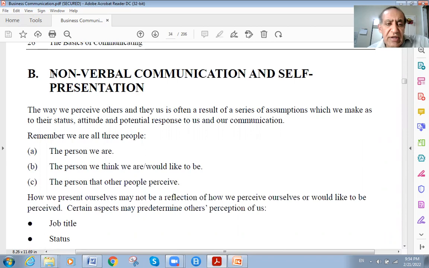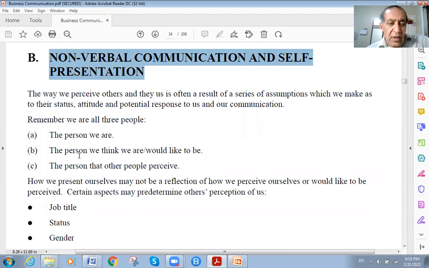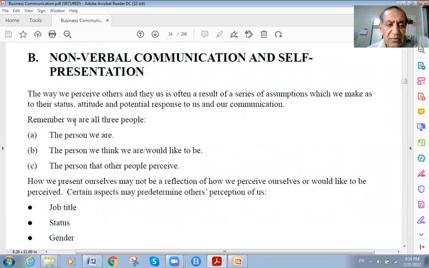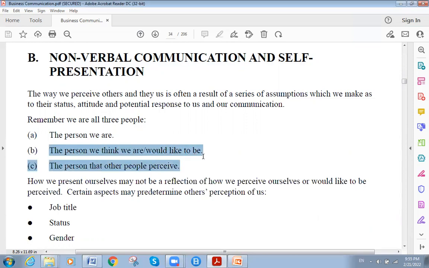Now we'll go to non-verbal communication and self-presentation. Right at the start, I want you to know there are three kinds of people: the person we are, the person we think we would like to be, and the person that other people perceive.